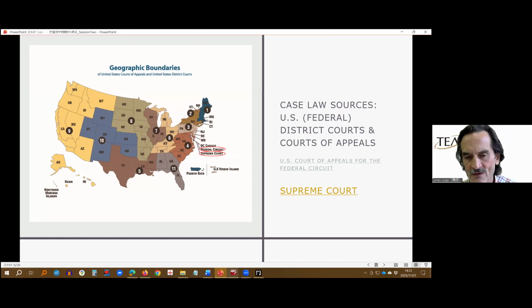Patent cases, court decisions are issued by district courts, and then if there's an appeal, the decision on the appeal is issued by the Federal Circuit, and then if that decision is appealed, the decision is issued by the Supreme Court.